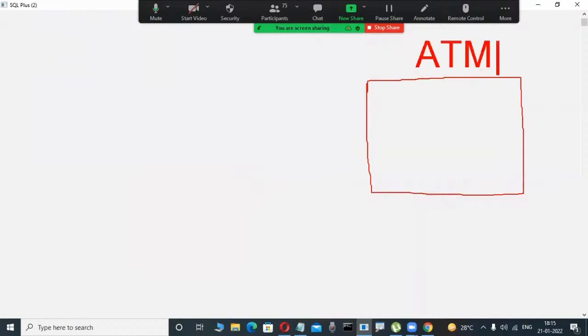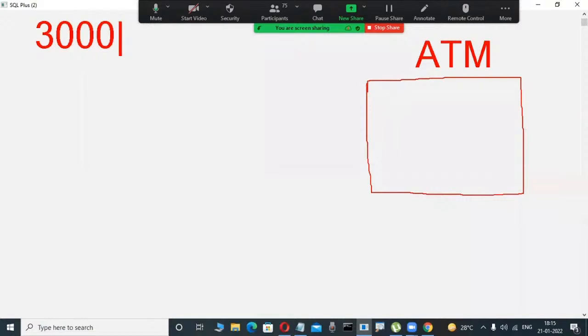Now check out the scenario. This is an ATM machine, for example. One scenario I'm telling. What is the balance in my account? 3000 is the balance, for example.